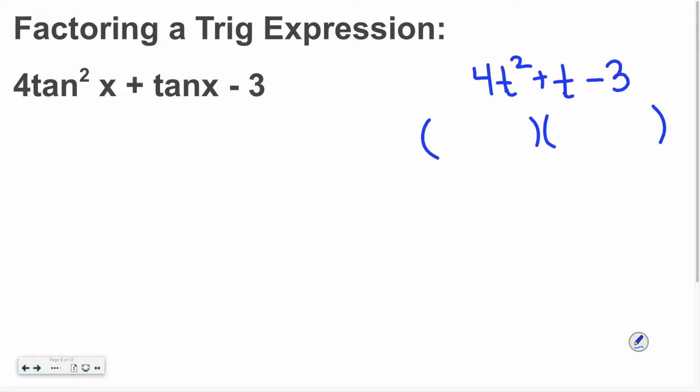Okay. Well, we know for sure, well, there's a couple different ways we could get 4t squared, correct? We could do 4t times t, right? And we need to get a negative 3. So we know 1 times 3 is going to work, but one needs to be positive, one needs to be negative.